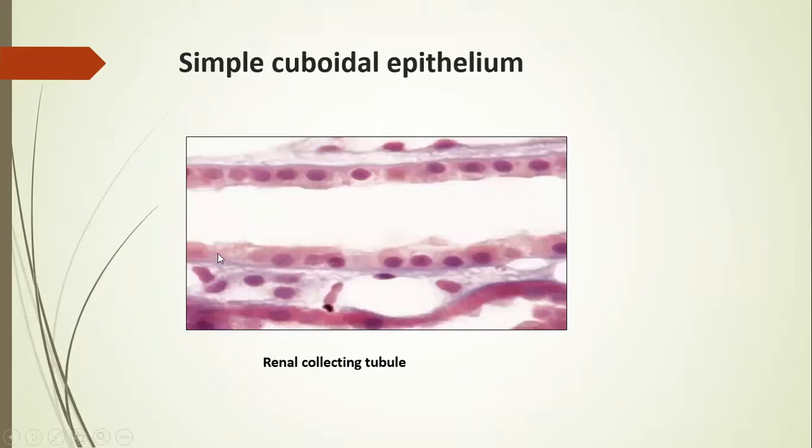This is an example image for simple cuboidal epithelium, a renal collecting tubule. You see this is a longitudinal section, and we have the simple cuboidal epithelium here and on this side.